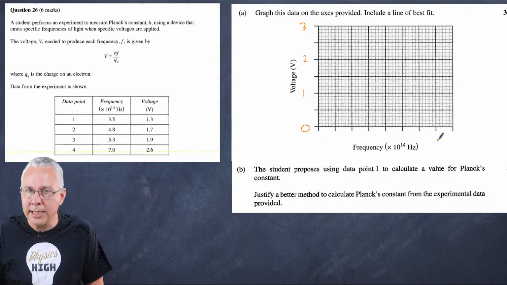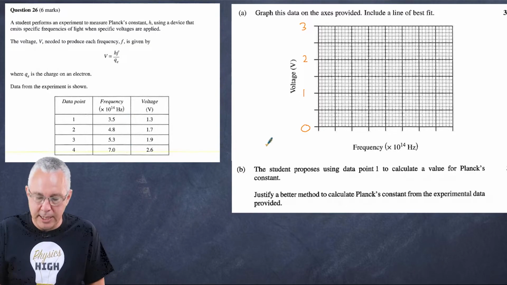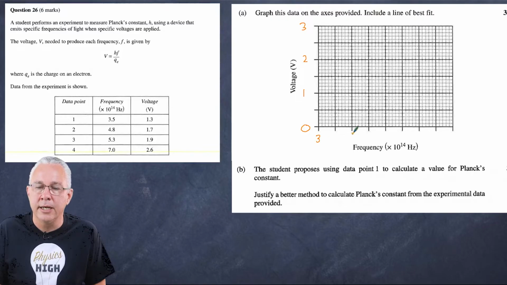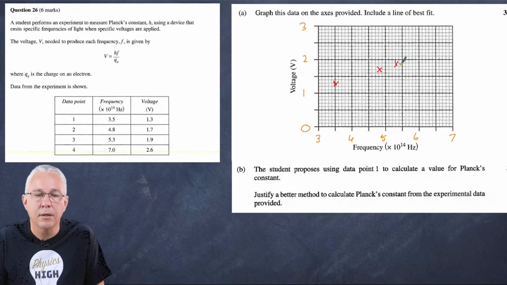Along our x-axis, our frequency starts basically at 5.3 and finishes at 7. So it makes sense to start at 3 and then go 4, 5, 6, and 7. You now just need to plot the points, and you're going to do this. Now that you've done that, it's just drawing a line of best fit.